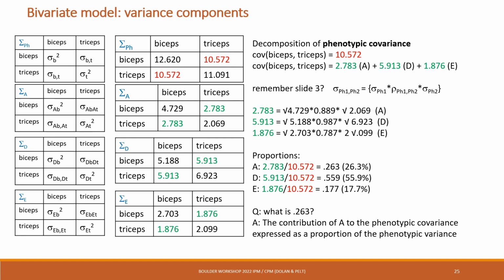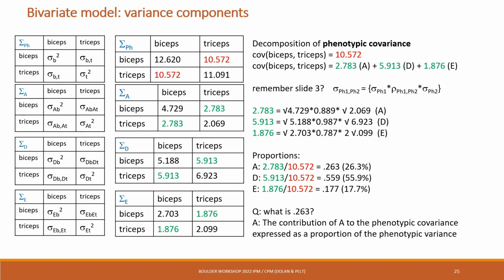Now, what I can do is represent the additive genetic covariance as 2.78, shown in green, or I can represent that alternatively as the additive genetic standard deviation of biceps times the additive genetic correlation times the additive genetic standard deviation of triceps.